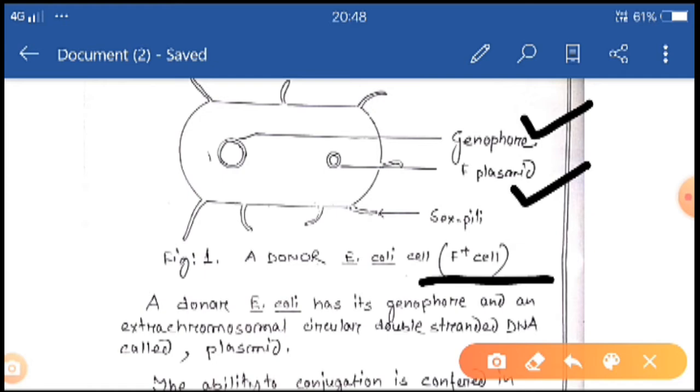Note that the genophore is double-stranded DNA, and the F plasmid is also made up of double-stranded DNA. Due to the presence of the F plasmid, sex pili appear on the surface of the bacterium, and their number is minimum 1, maximum 5.